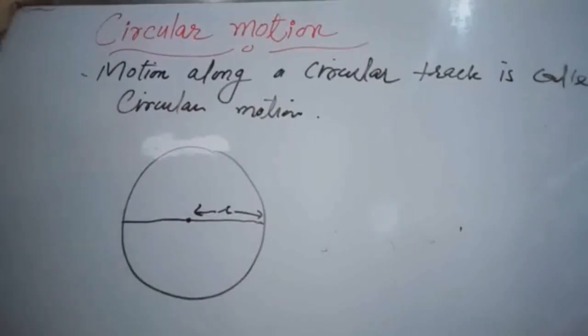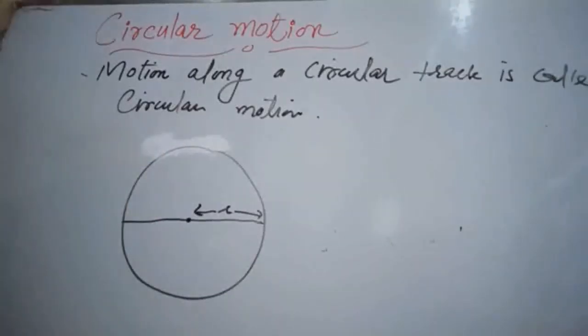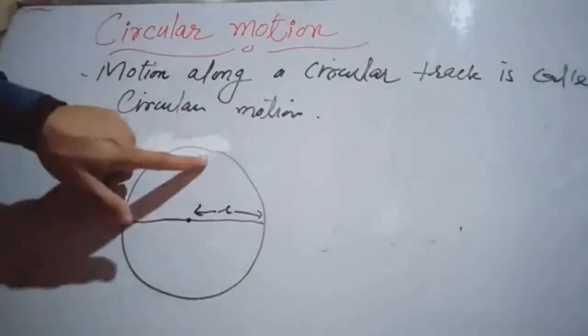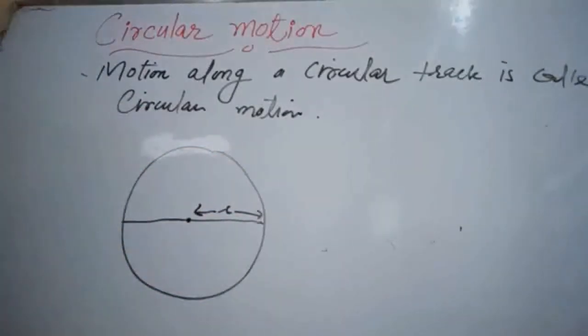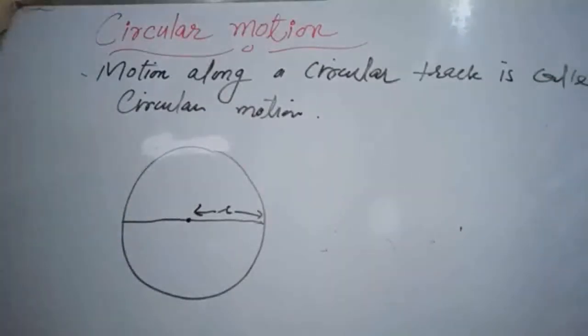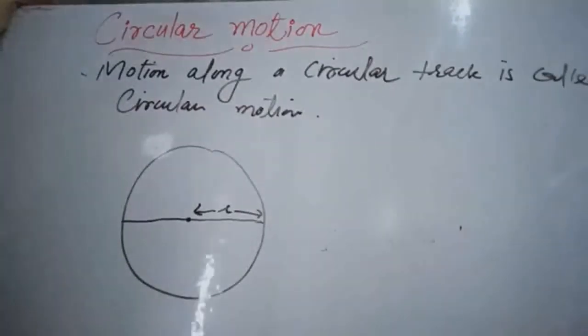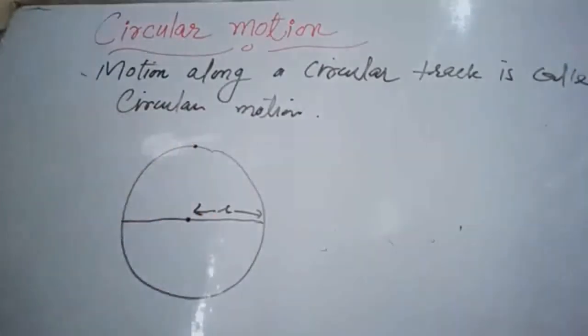The velocity of the body at any point on the circular path is along a tangent. If we have to find the velocity here in the circular path, how can we find it? We can find the velocity by drawing a tangent. For example, the body is at this point.